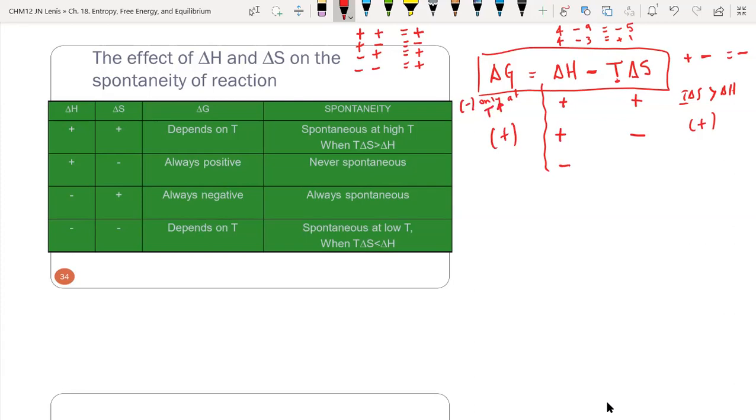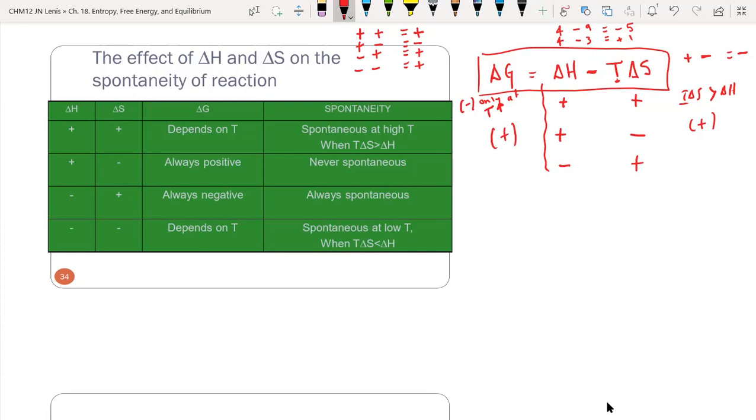Negative, positive. What is this negative delta H? That means exothermic. Does nature love exothermic reactions? Yes. It loves it because it reduces the potential energy of the system. Does nature love positive entropies? Yes, because it increases the state of disorder.